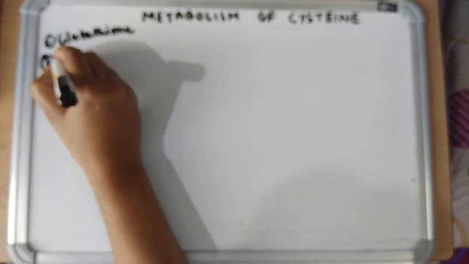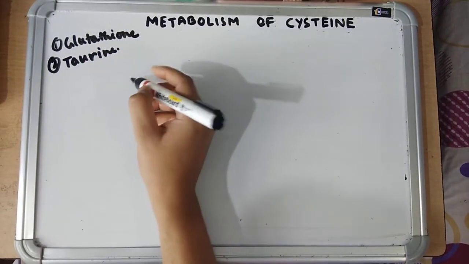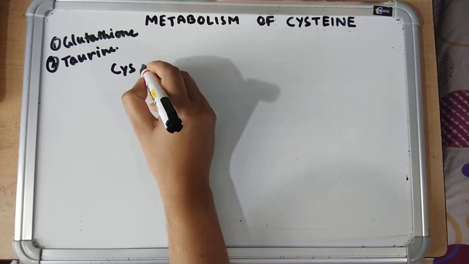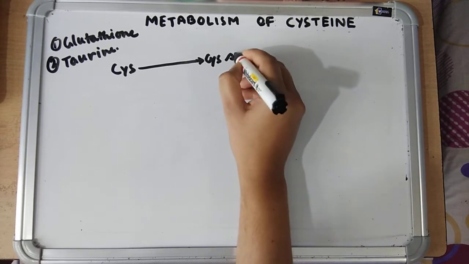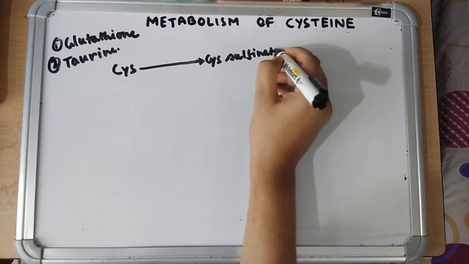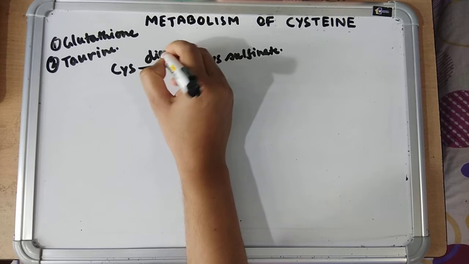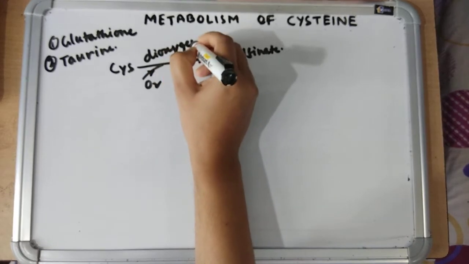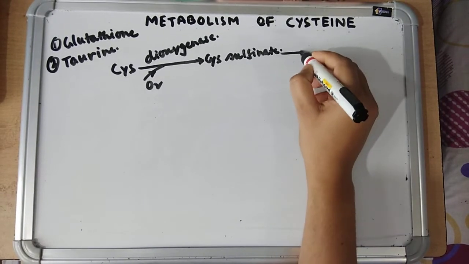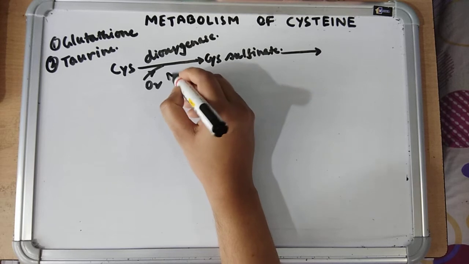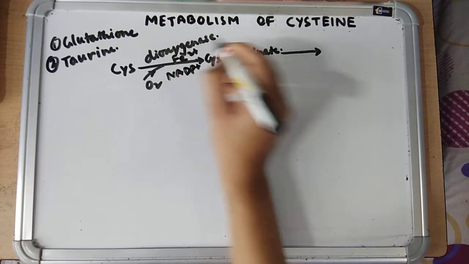Number two is synthesis of taurine, which is another amino acid. So first, cysteine undergoes oxidation to cysteine sulfinate by cysteine dioxygenase. Here NADP is required and iron is required.